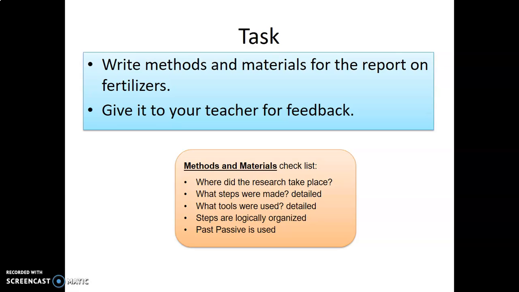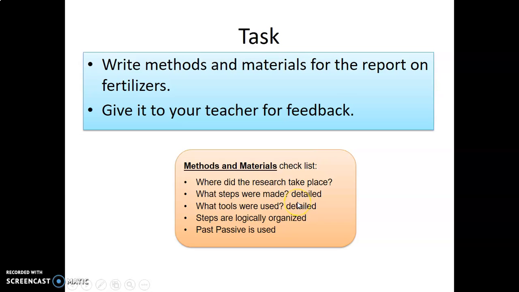All right, so what you need to do now is you need to write the methods and materials part for the report on fertilizers, your guided report. And here's the checklist. Make sure that the steps are logically organized and they're quite detailed. It is important that you describe the experiment in detail.